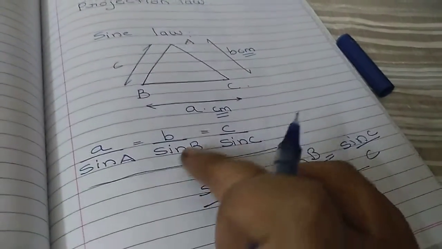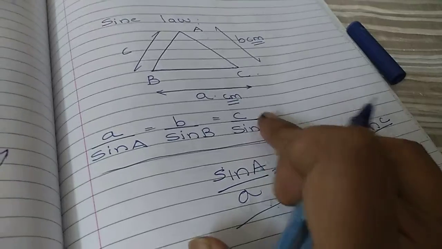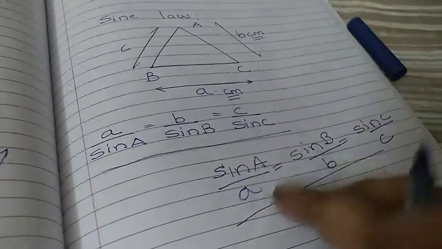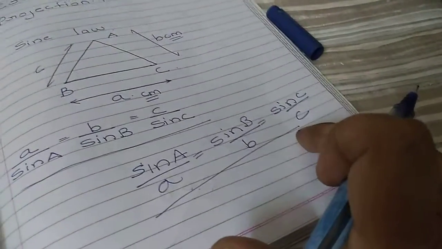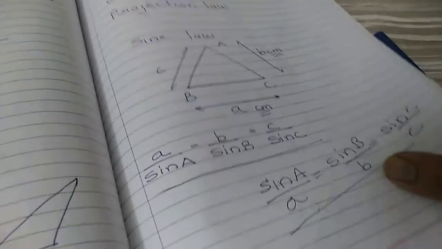A upon sine A is equal to B upon sine B is equal to C upon sine C. Conversely, it can be written as sine A upon A is equal to sine B upon B is equal to sine C upon C. It can also be written in this manner.